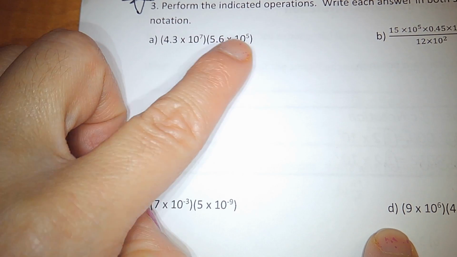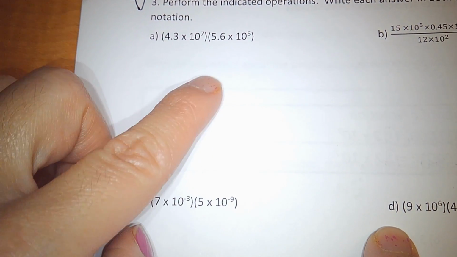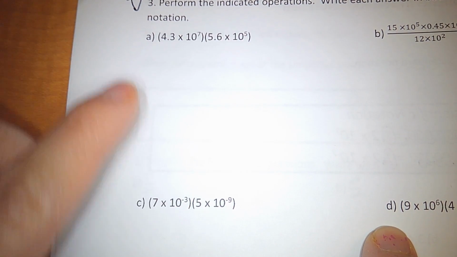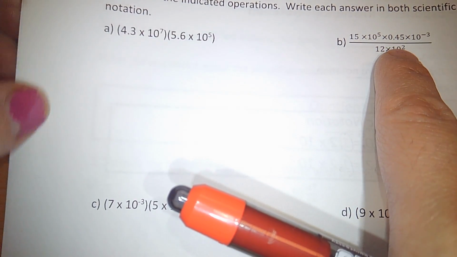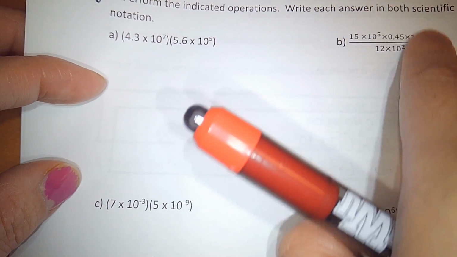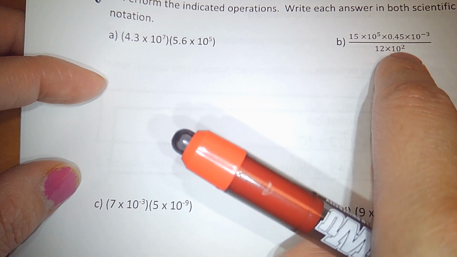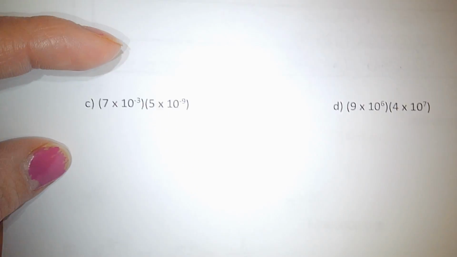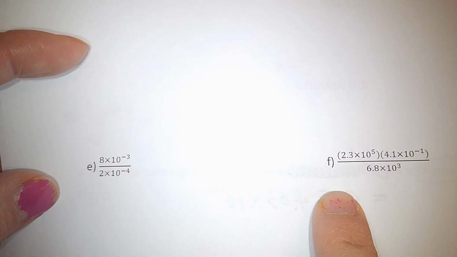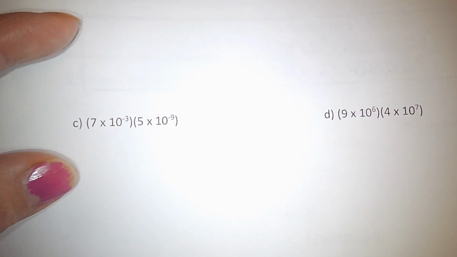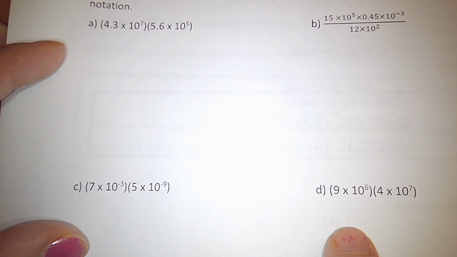Number times number, it's a multiplication question, number A, C, and D. Question B is a division problem, right? In general, it's a division problem, but on the top is still multiplication, right? Do you see that? Okay. All right. Number E, number F, they're division problems. Okay. So let's do some multiplication and then do some division.